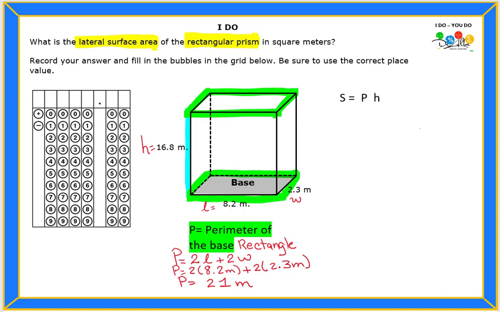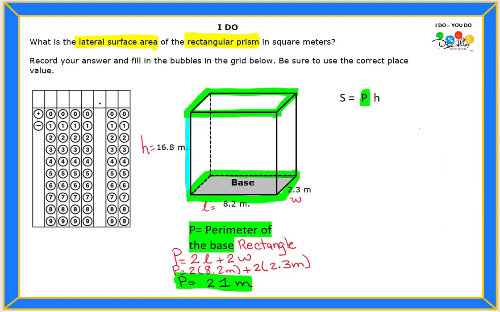So that's my perimeter. I'm going to highlight the answer that I got, because now I am going to come back to my formula. Do you see where the P is? That's what I'm going to replace with 21.